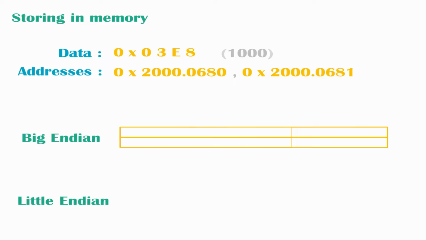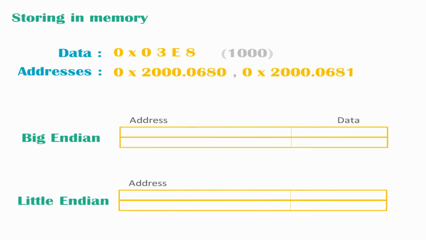So let's just draw up a table here and try to place them. Let's say we have the big endian and the little endian, the same addresses. How would we do it in a big endian computer, and how would we do it in a little endian computer? With the big endian computer, we would have to put the 0x03 at the lower address. The 0x03 is the MSB, the most significant byte.